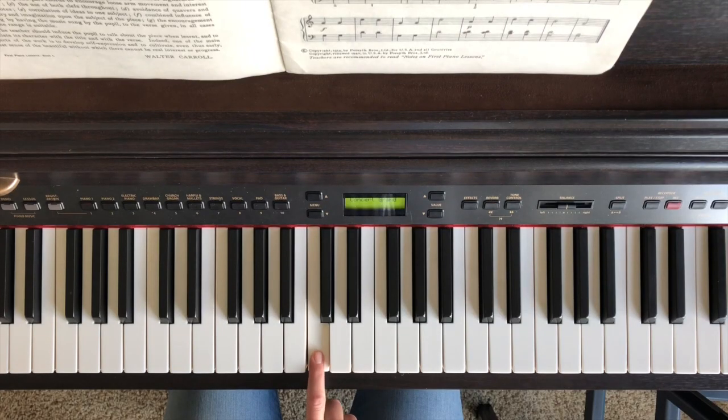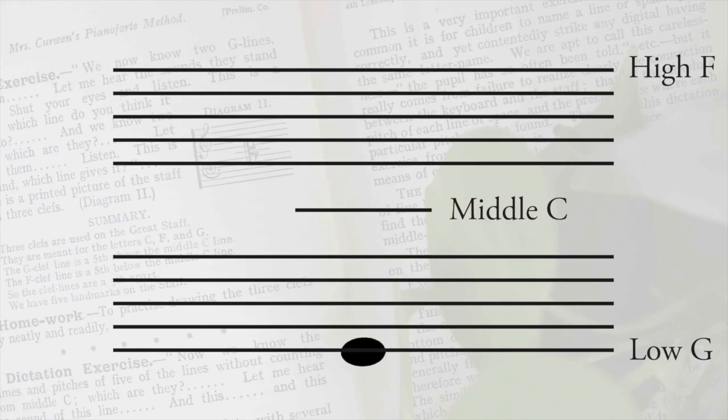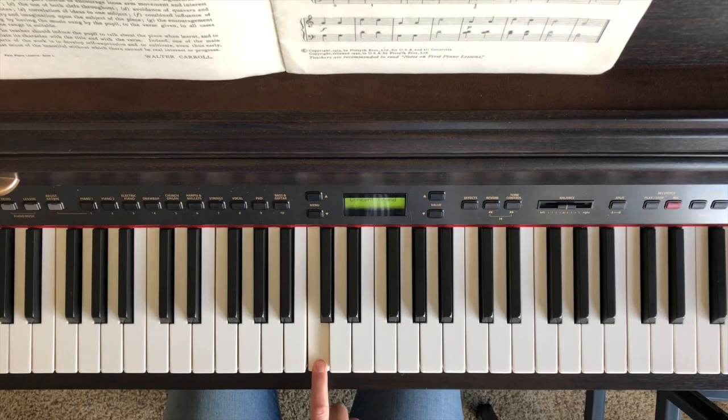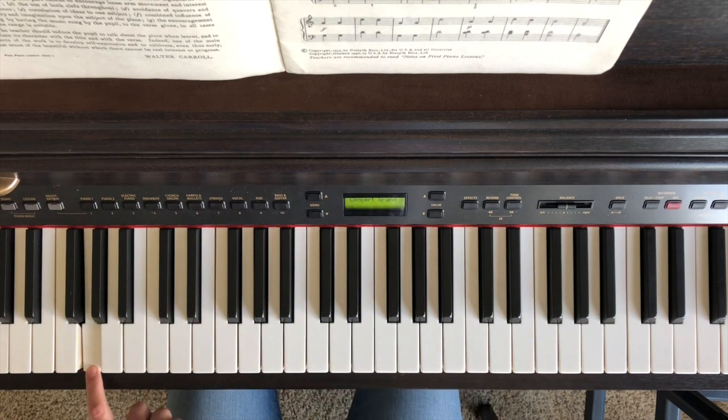So if we go back to middle C, we know that there's 5 lines down from middle C as well. So we counted down by thirds 5 times, and we land down here on low G. So in our last lesson, we learned how to write middle C, high F, and low G.